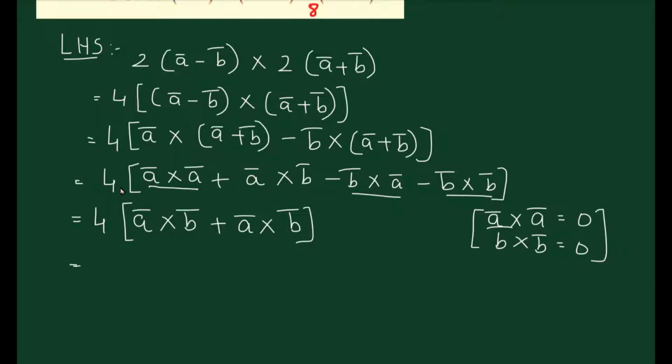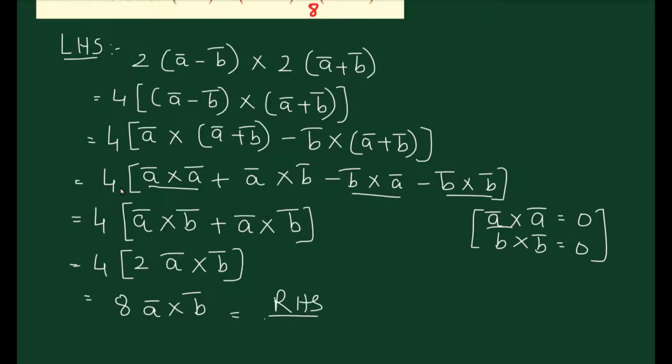Remember, we are dealing with vectors here. So it becomes 4 times 2a cross b. Thus we get 8a cross b, which is just like our RHS. So thus we solve the sum in an easy way.